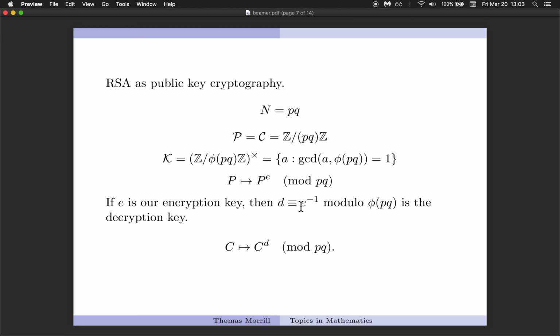To decrypt, I need the multiplicative inverse of E modulo phi of N, or modulo phi of p times q. And I can decrypt if I have some ciphertext. I just raise that number to the power d and mod out by p times q. That will give me the original plain text message.